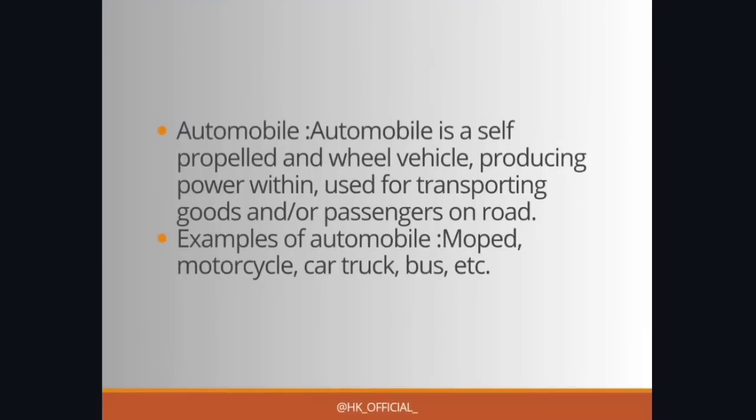Let us see our first topic, that is, what is an automobile. As we are going to study about automobiles, first we have to know what that word actually means. So auto plus mobile. Auto, you can say automatic, and mobile is locomotion.